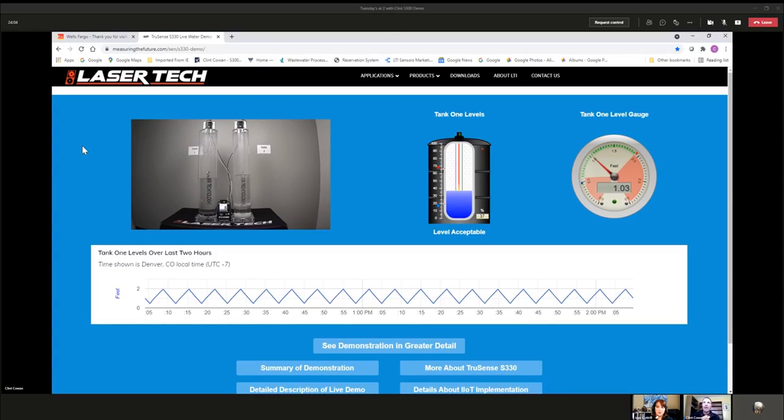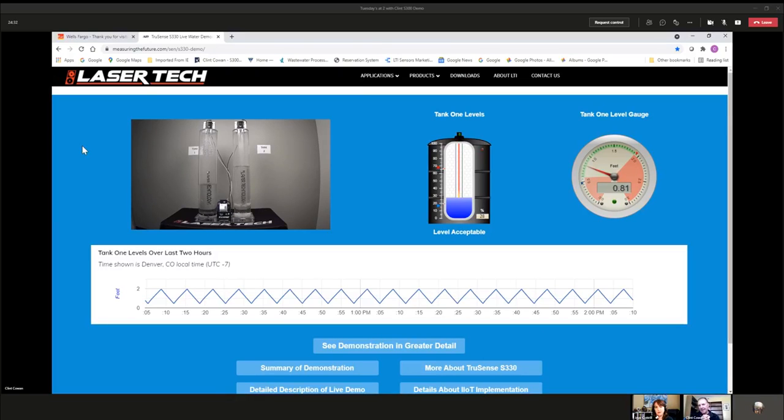And what we're hearing more and more, especially in situations where the water is dirty, contains things like mollusks and snails and growth like out in the ocean, is that these sensors need to be maintained. They need to be pulled out of their environment and cleaned on a regular basis in order to continue to work. And sometimes that could be daily or weekly as far as maintenance goes.